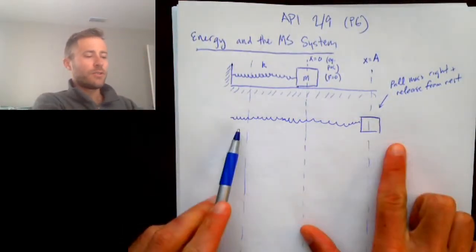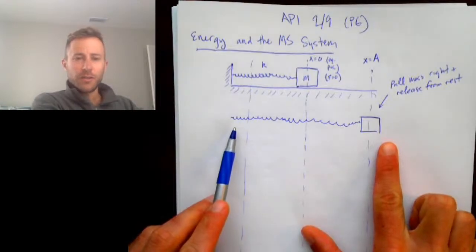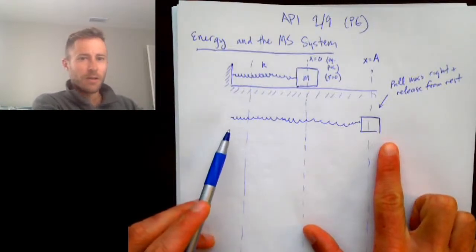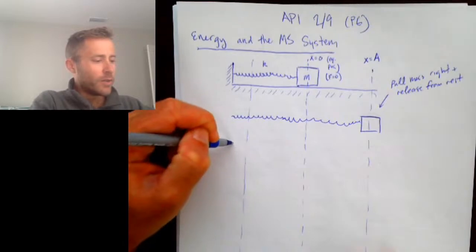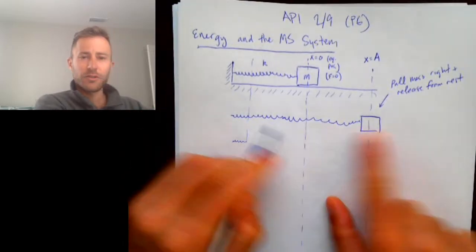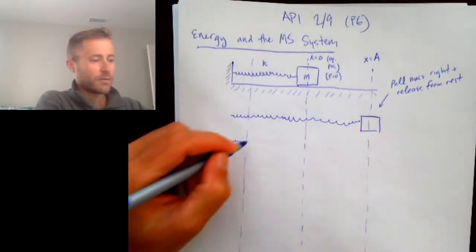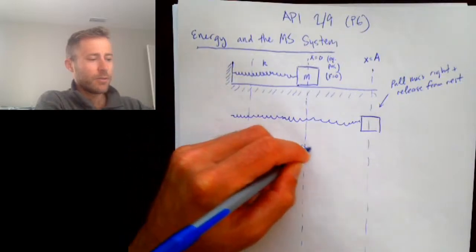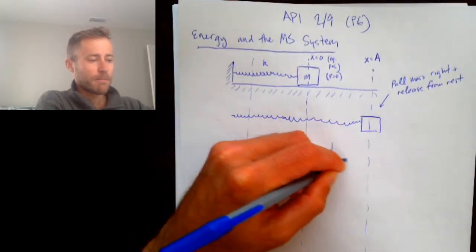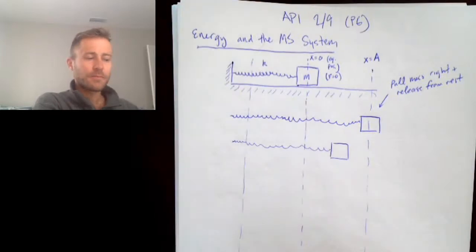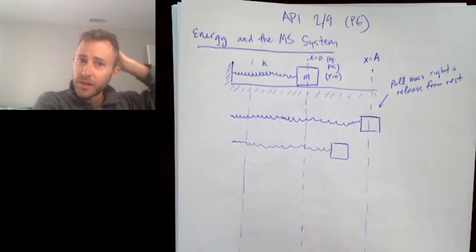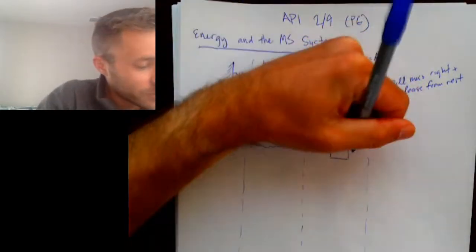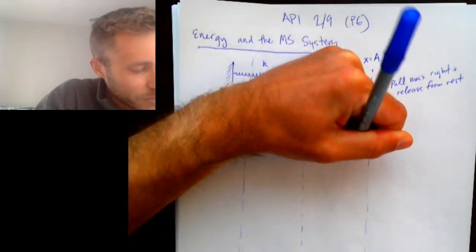Now, obviously the spring is stretched at this point. So a little bit later, because the spring is stretched, it's going to pull the mass to the left. So it's going to pull it maybe to right here. Because it's pulling to the left, the mass is going to start to pick up speed.